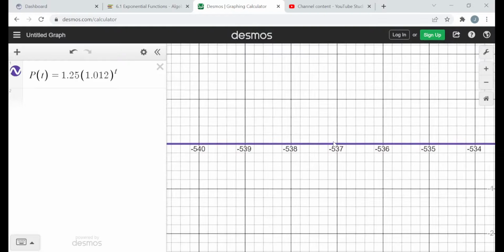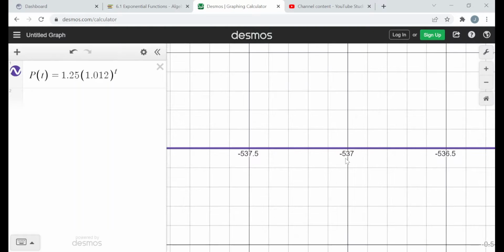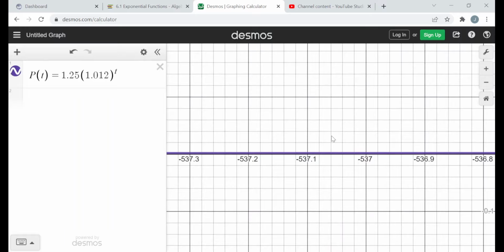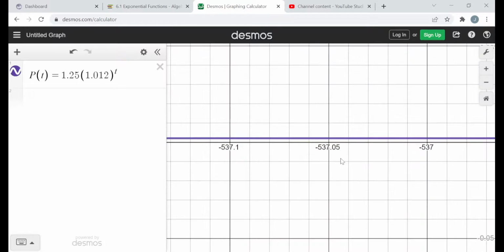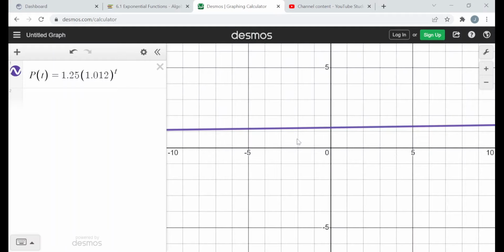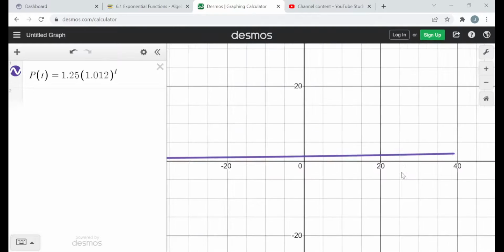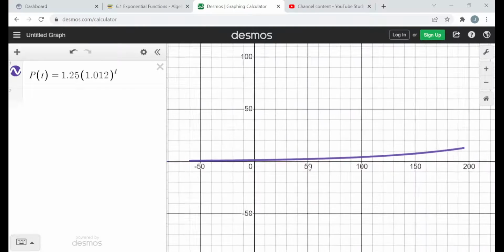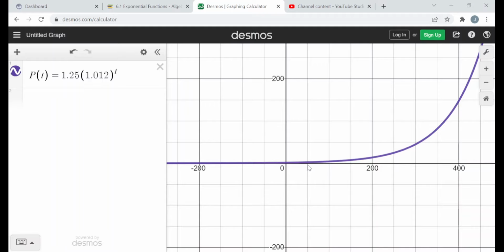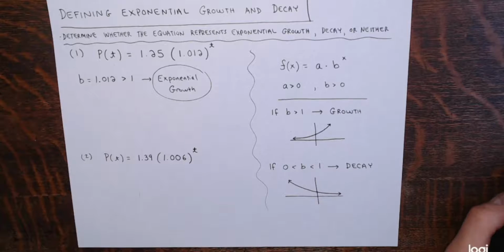If you zoom in close enough, you'll see the graph is not actually on the t-axis. It's above it, even just a little bit. Alright, but the graph is going up as you go to the right. Like I was saying here, it's an increasing function as you go from left to right. Alright, so exponential growth there.